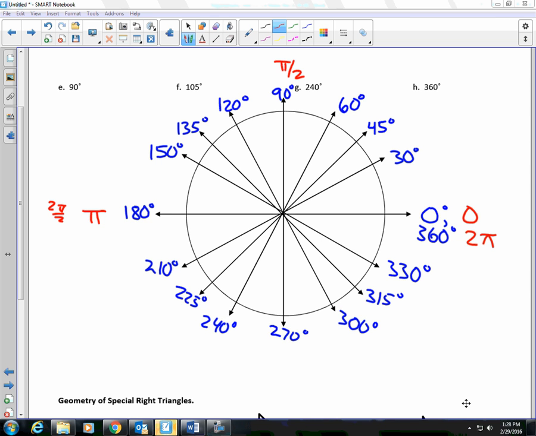Okay, so 1 pi over 2, 2 pi over 2, 3 pi over 2, 4 pi over 2, which is the same as 2 pi. Is that nice? So we can count by fractions, no big deal. Oh, hey, let's count again. Let's go half of pi over 2. What's half of pi over 2? What's half of a half? A fourth.